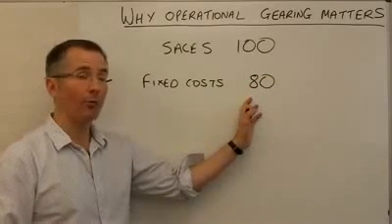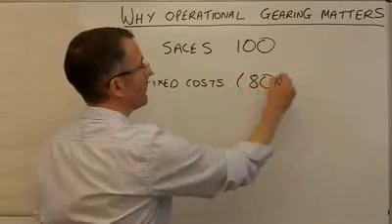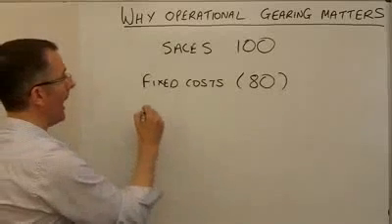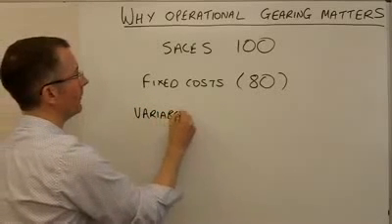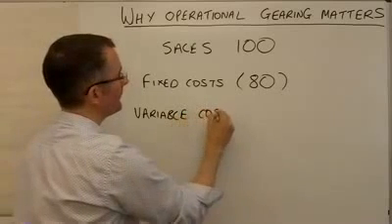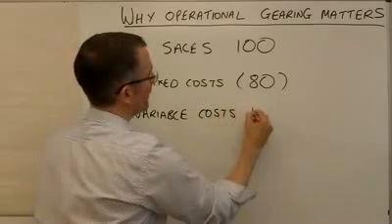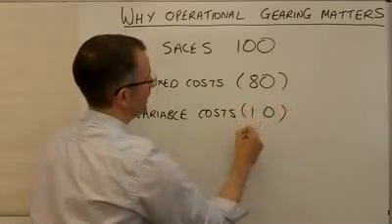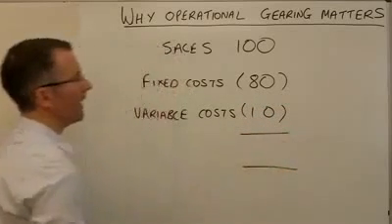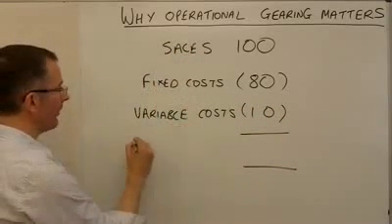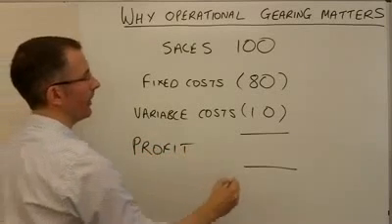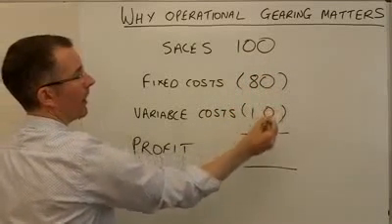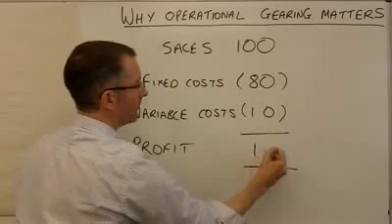So imagine that's your property and staff costs, make them negative because they're costs, and you've got your variable costs, that's your light, your heat, your utilities and so on, of 10. Very simple business. So you now have a profit, one minus the other, that's revenue minus costs, of 100 minus 80 minus 10, so that's 10.